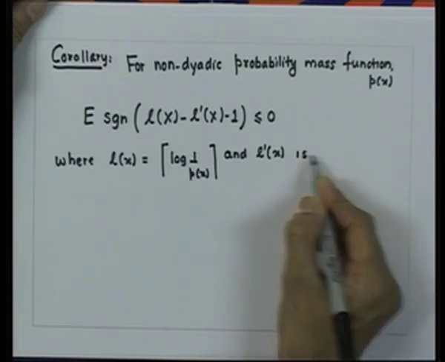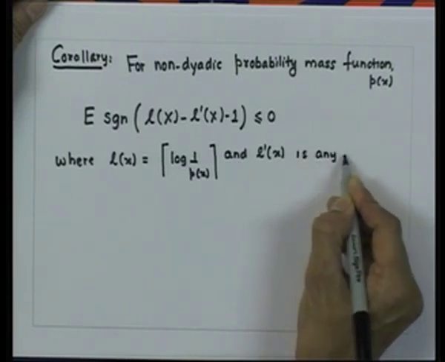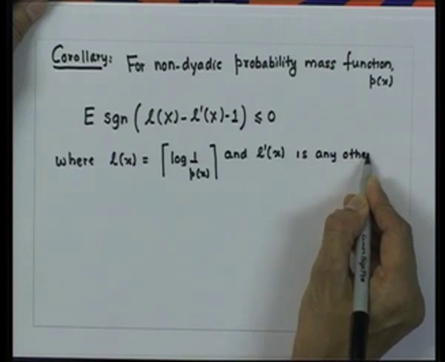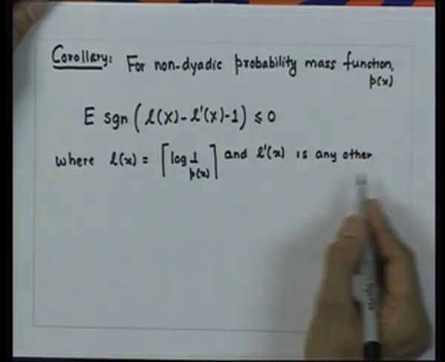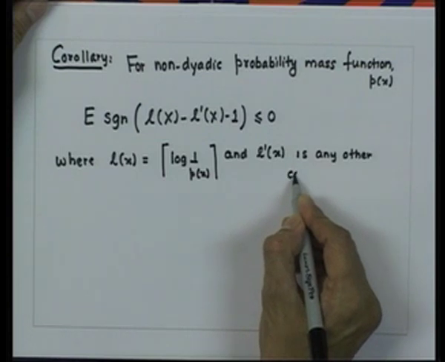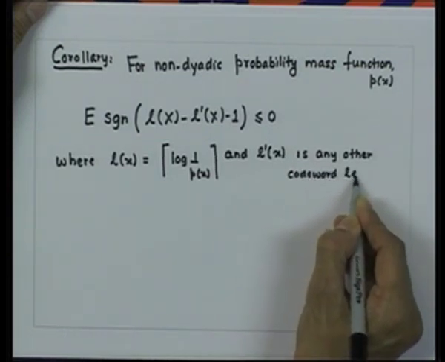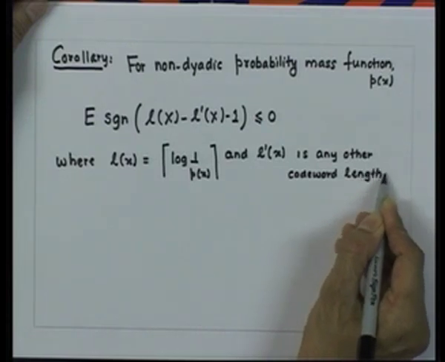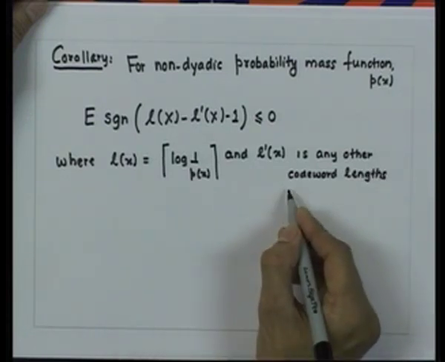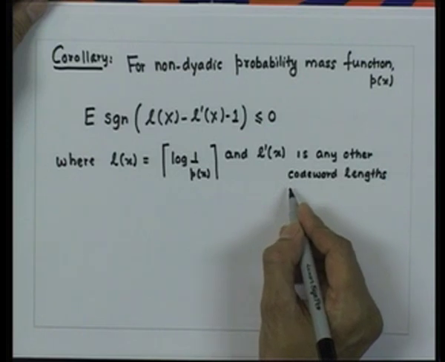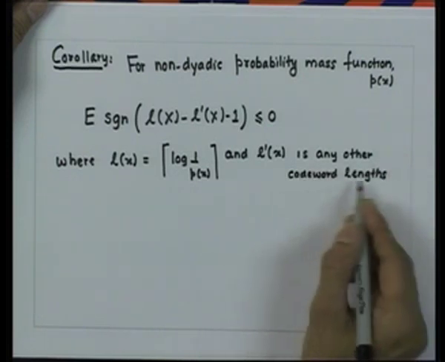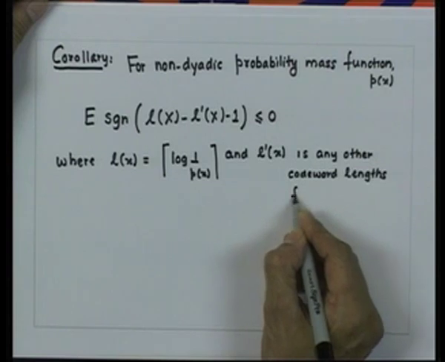So, L dash x is any other code word length. This is a uniquely decodable code for the source.